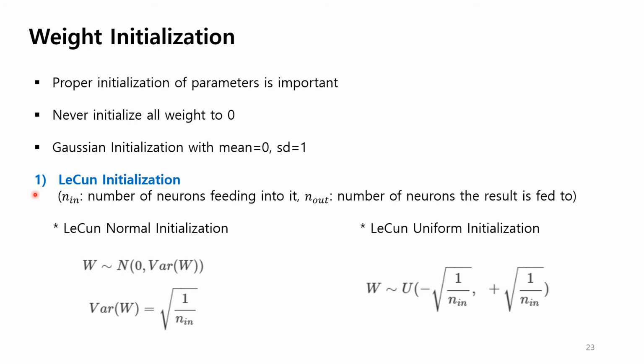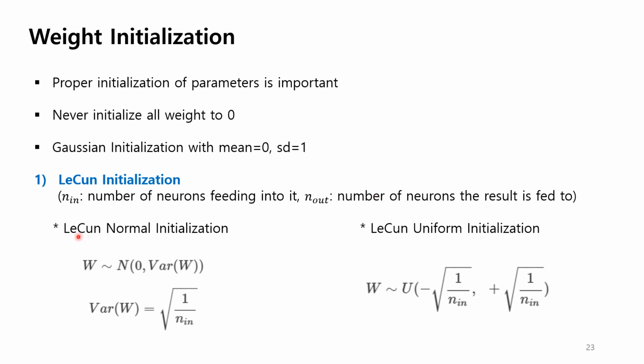And actually, we have more advanced initialization methods. The first one is called LeCun initialization. LeCun is the person who invented CNN neural net. Okay, so here n in means the number of input nodes, and n out is the number of output nodes. So the method is simple.